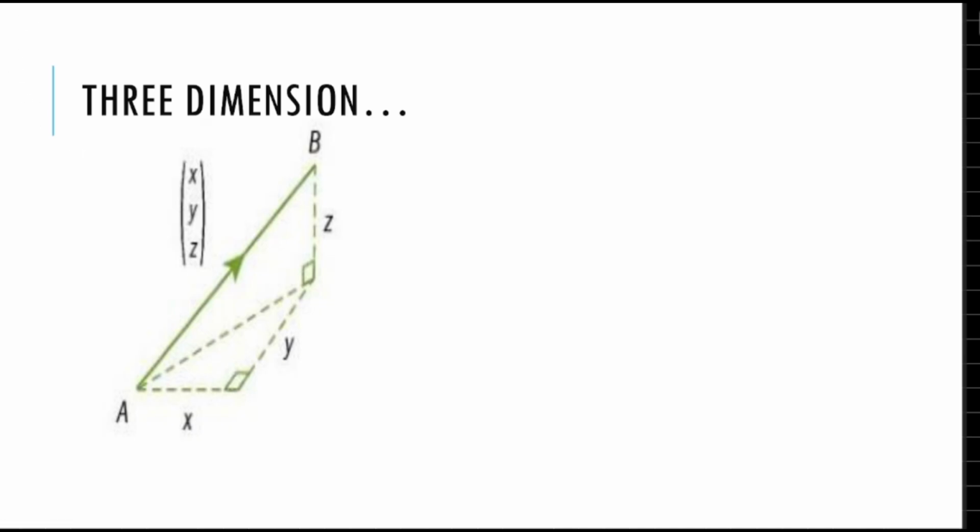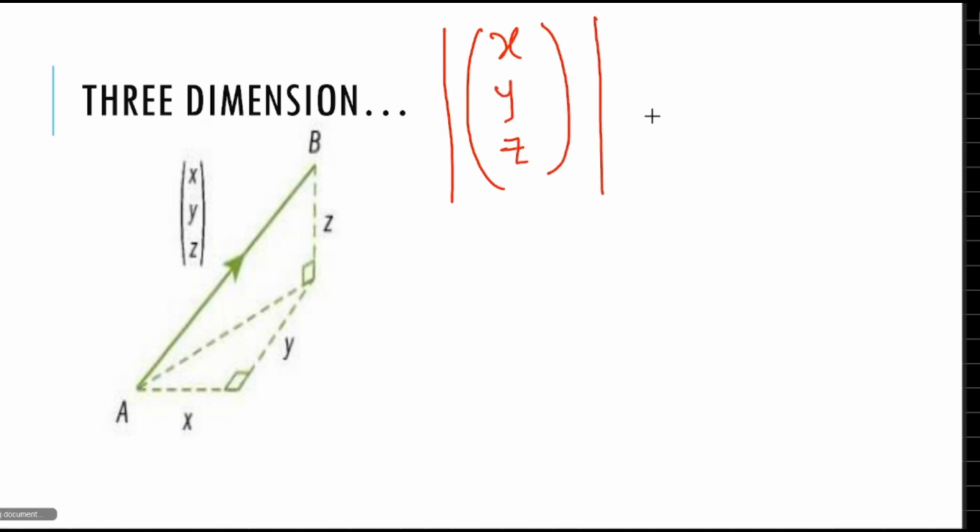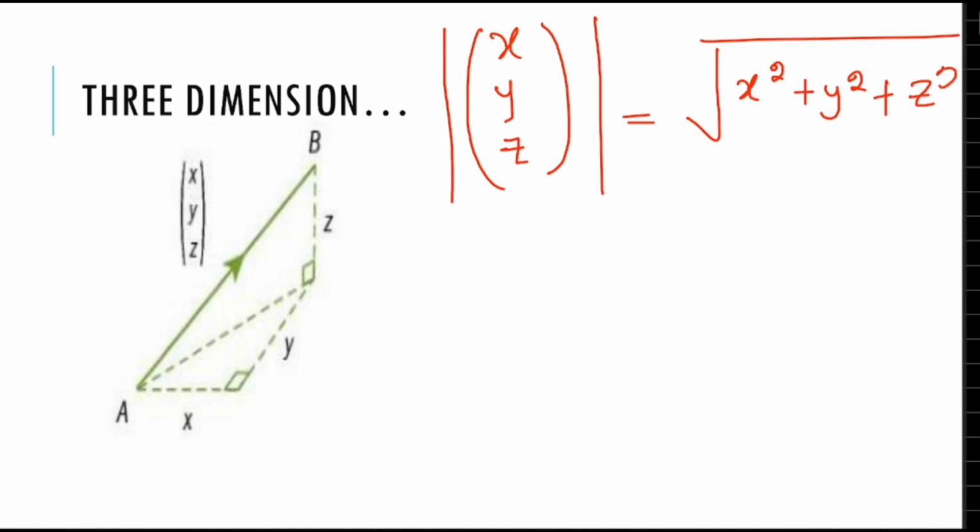And then, of course, if we have a three-dimensional vector, we're going to do the same thing. The magnitude of the vector (x, y, z) will be equal to the square root of x squared plus y squared plus z squared.